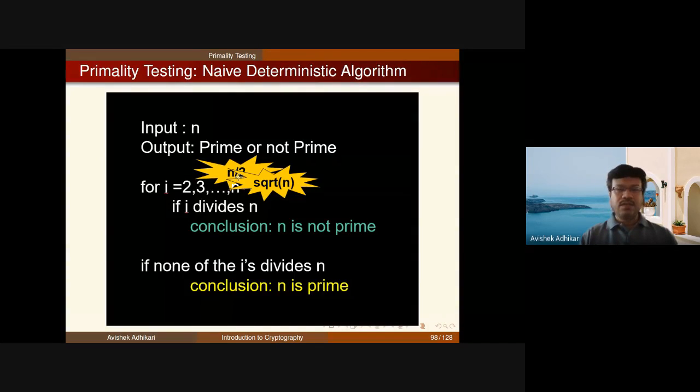One may again make it a little more efficient by going not to n by 2, but only till square root of n. If some of the i's divide n, your conclusion will be the number is not prime.